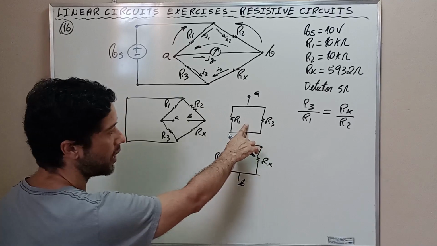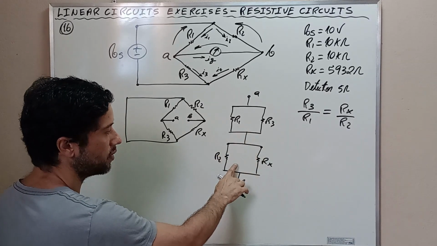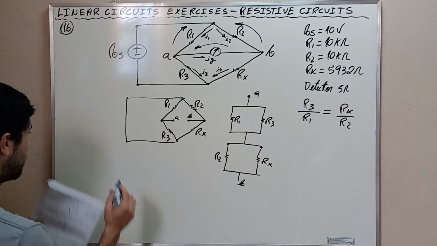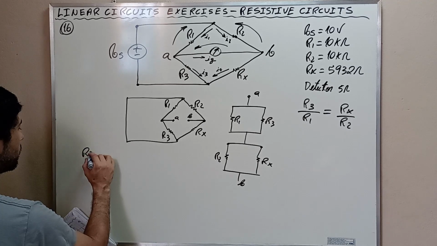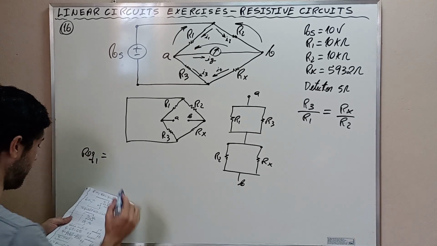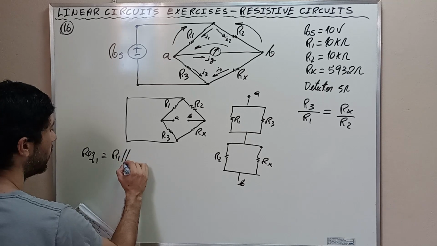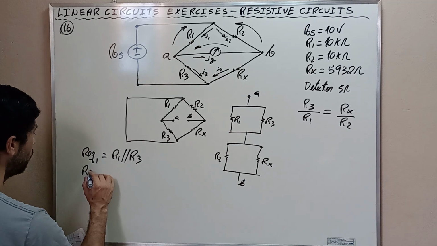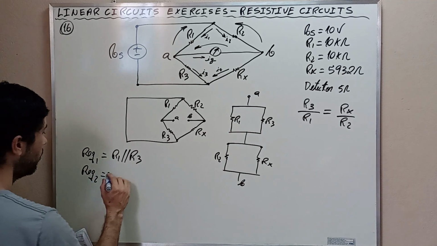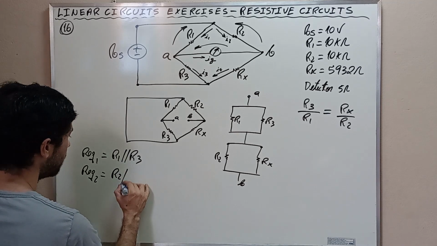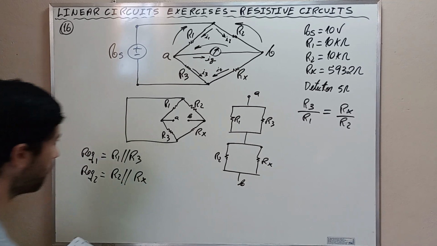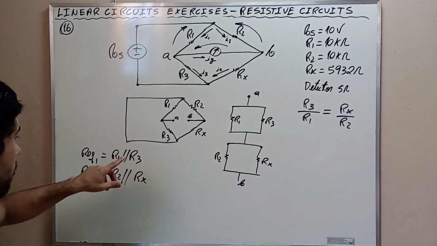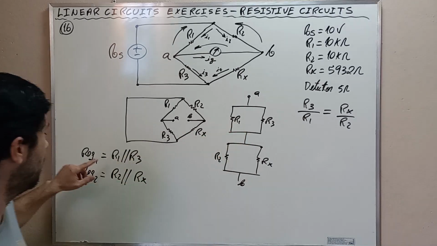We have the parallel connection between R1 and R3 and the parallel connection between R2 and Rx. So the equivalent resistance, let's call it the equivalent resistance number 1, is going to be the parallel connection between R1 and R3, and the equivalent resistance number 2 is the parallel connection between R2 and Rx. Okay, and we are going to calculate the equivalent resistance.